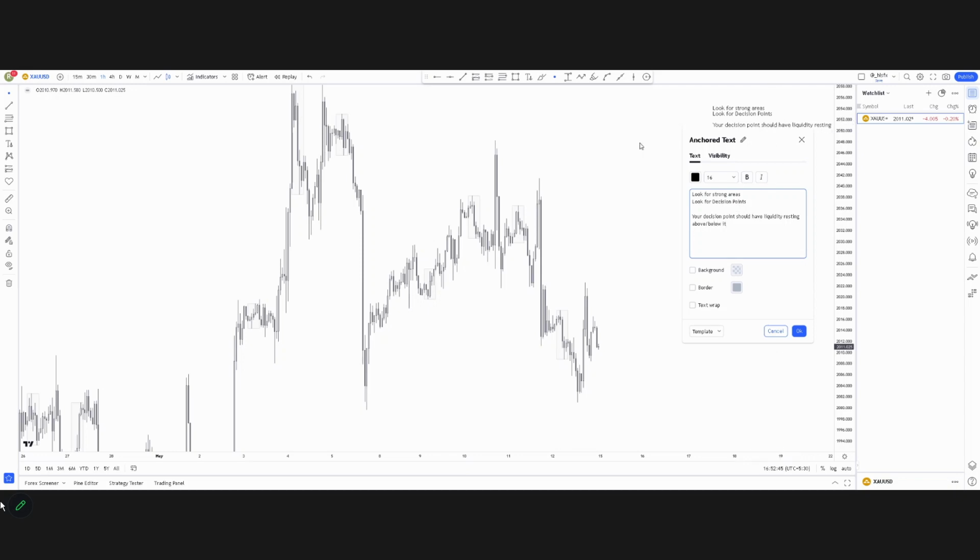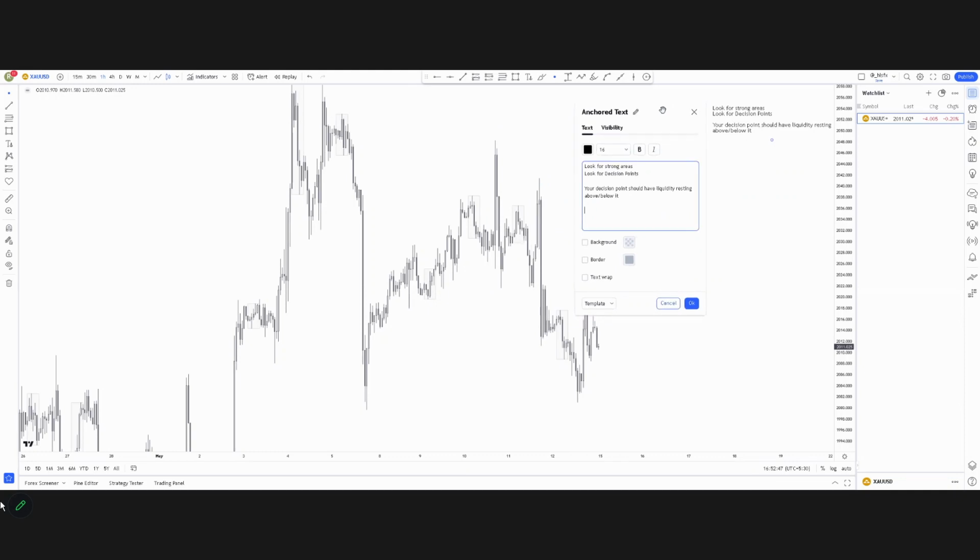The next thing is you need to have a trend line aligned with the SNR level.